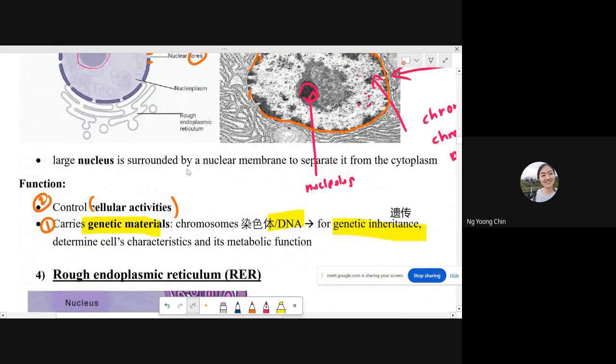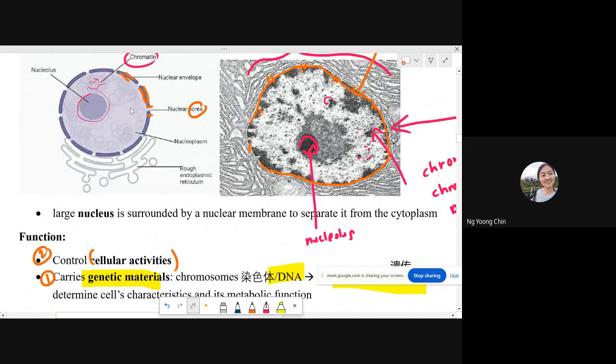The king of the country controls the activity of their people, right? So the nucleus controls the activity of the cell. The nucleus is acting like the brain of the cell, just like the brain in a human, which also controls all our activity.